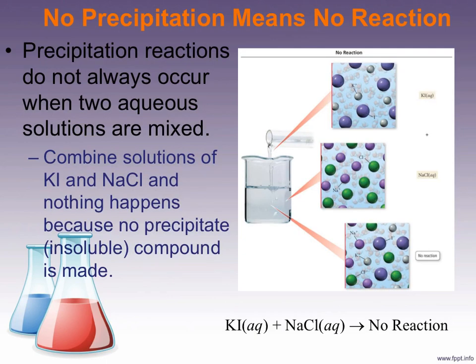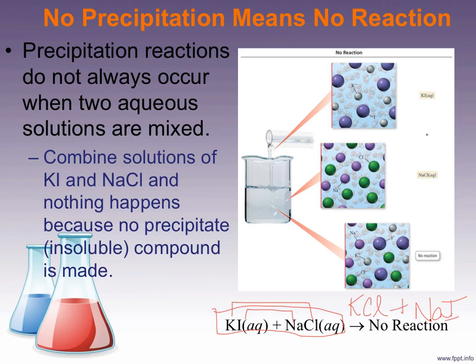If you mix two ionic compounds together, let's write out what the product would be here if they switched partners. Remember, combine the two outer ones, so that would be potassium chloride, and then combine the two inner ions, which would be sodium and iodine.